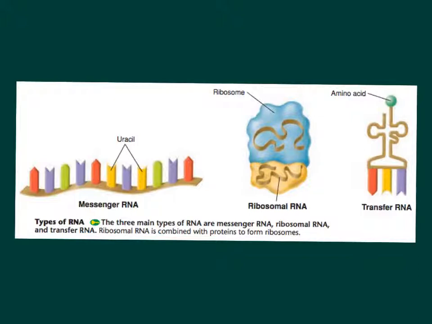For some reason, and I never really understood this, most biology textbooks say that tRNA is shaped like a key. I must not use the same kinds of keys, because to me that looks like a T, like the letter T up here.